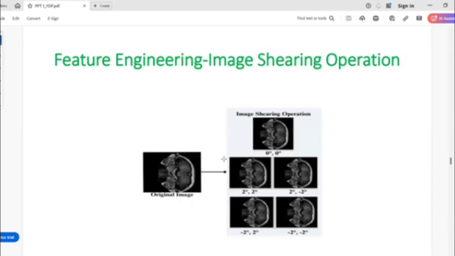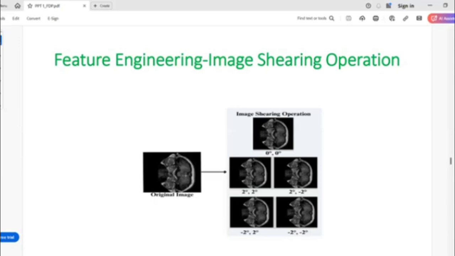Next, shearing. Look at the original image. After shearing, these are the images. What exactly the shearing operation does is it changes the x-axis and y-axis. The reason is that it is a two-dimensional image at the end, which has two axes, one is x and the second one is y.